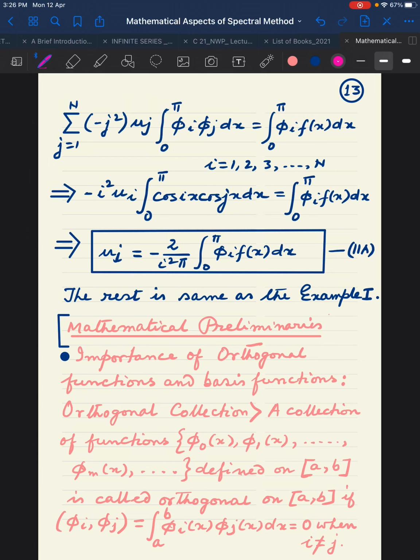To know its importance, we must know what is an orthogonal collection. A collection of functions, you see, phi 0x, phi 1x, phi mx, and so on, defined on a closed interval [a,b], is called orthogonal on [a,b] if the inner product, integral a to b phi ix phi jx dx, is equal to 0 when i not equal to j.